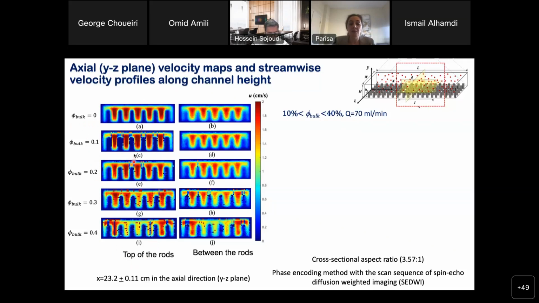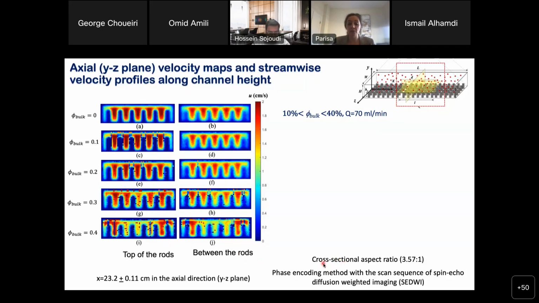Note that these are all for the slices on top of the rods, and these are all for the slices between the rods. However, when you add more particles, going to 30% and 40%, there is minimum velocity in between. However, there is maximum near the edges of the channel. This is in agreement with previous studies, specifically when the aspect ratio is very low.